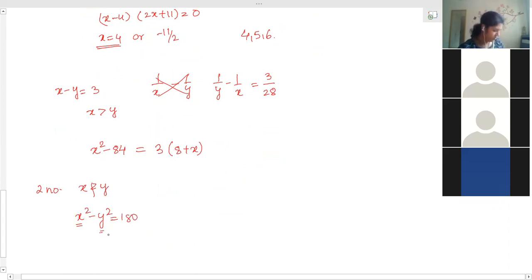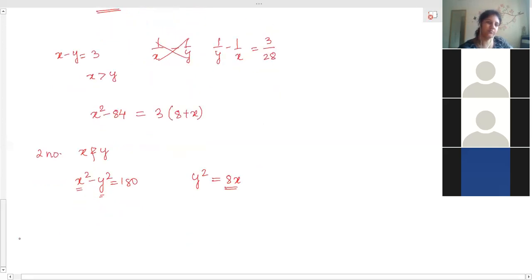Now what are they telling? Square of the smaller number is 8 times the larger number. 8 times the larger number only, not square of the larger number. So y square is equal to 8x. Now substitute this value 8x in this equation.